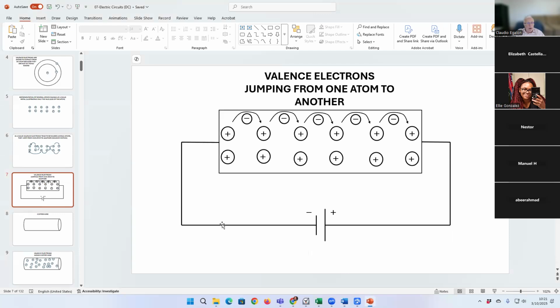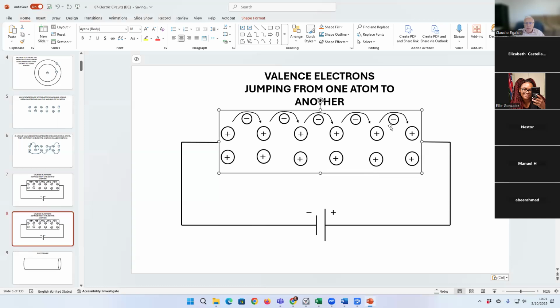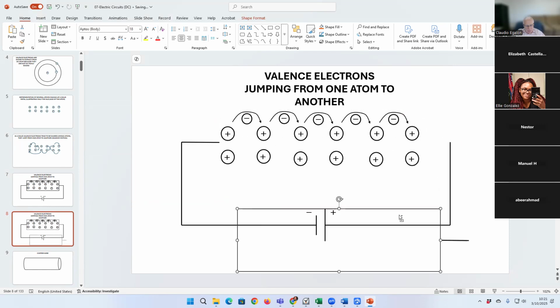If you were able to see inside the battery, if we were able to come up with a very powerful microscope and see what's happening inside the battery, I'm going to need this. Oops, not this one.